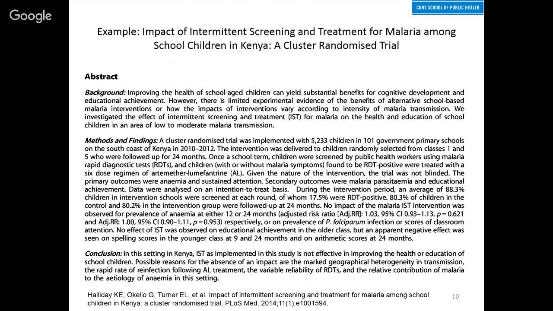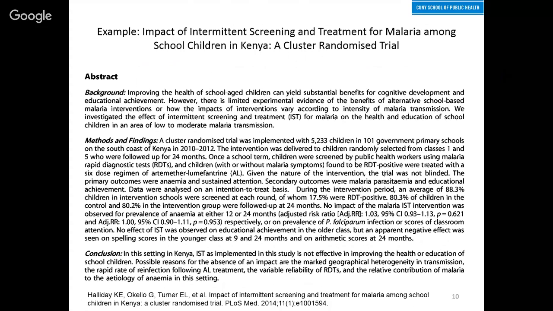It's not hard to find. But in this example, the researchers are interested in the impact of screening and treatment for malaria intermittently on school children, on their health in terms of anemia and also outcomes in school.